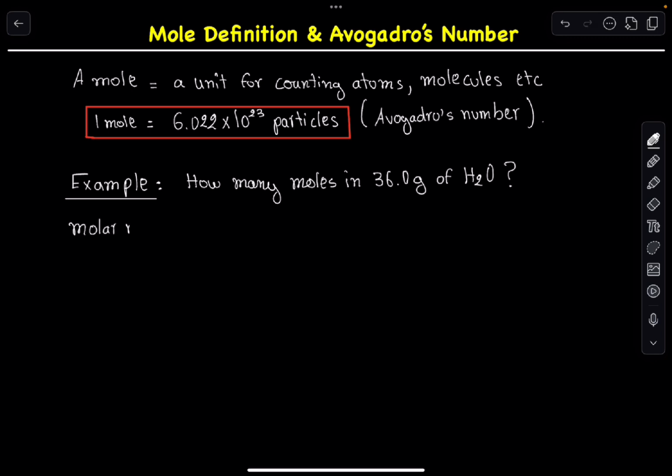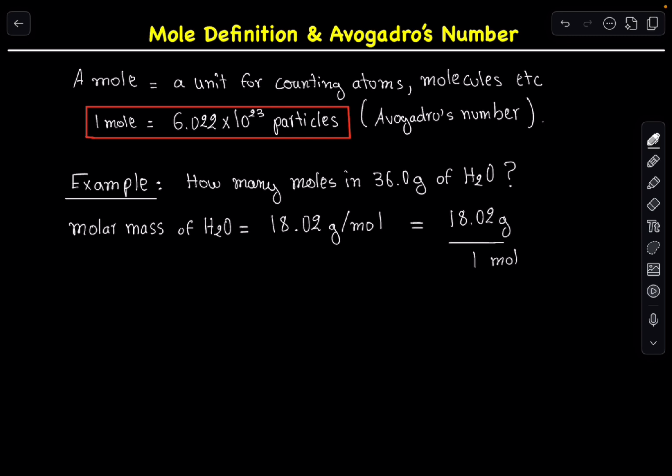Now, using dimensional analysis, let's solve this problem. 36.0 grams times 1 mole over 18.02 grams.